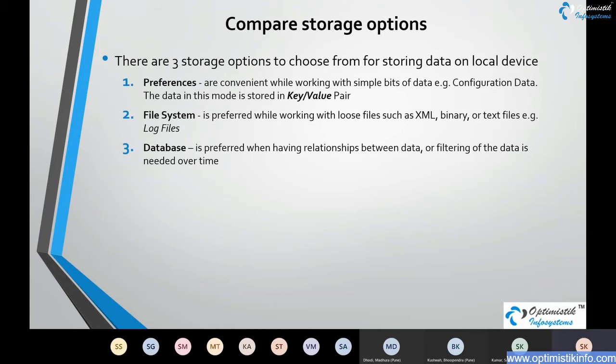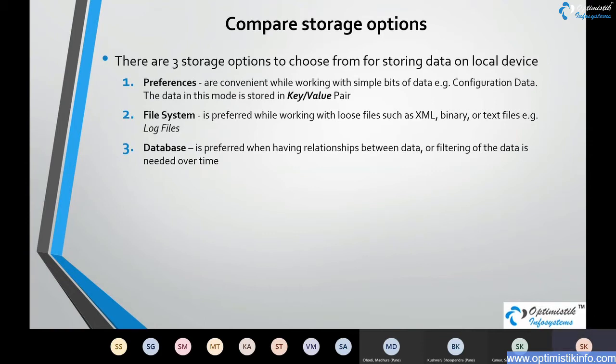Preferences is more of a key value storage and can be useful when storing configuration data for the application, like maybe user preferences, some information about themes, colors that are going to be used for my application, and some other application specific settings.